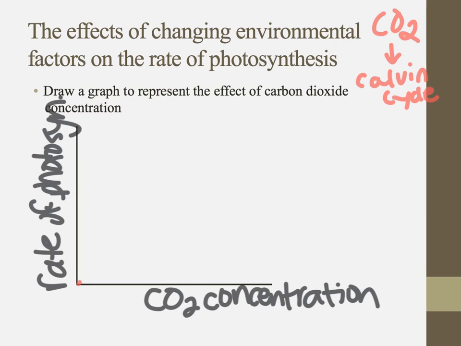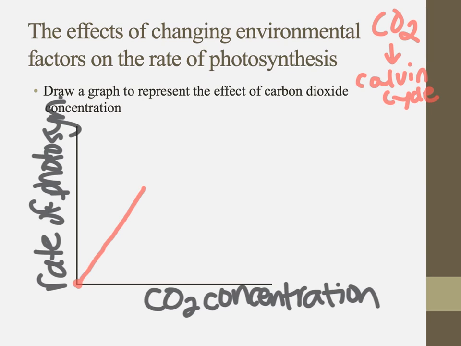So at 0 carbon dioxide, I've got a rate of 0. Again, as I increase the concentration of carbon dioxide, all of those areas where the light independent reactions are able to take place are going to start to have the materials they need in order to make that glucose. So as I increase the concentration, I'm able to perform more of those reactions.